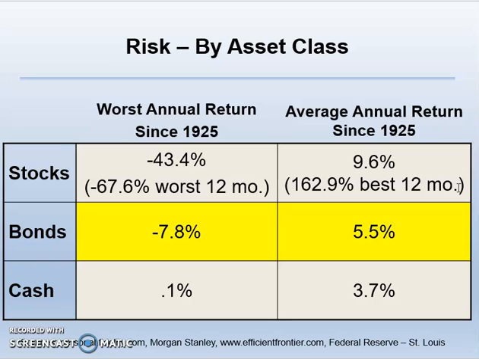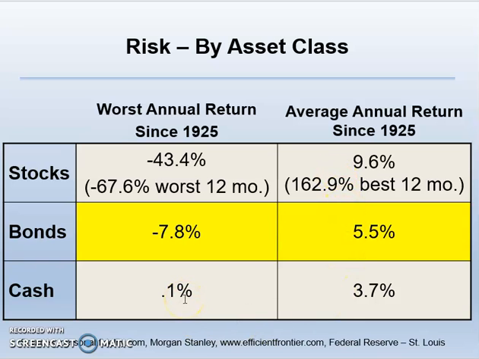An important lesson: don't try to time returns. You will miss. So bonds, their worst return since 25, negative 7.8, annually 5.5. So you notice it doesn't go down as much, if that's what you're worried about, but it doesn't go up as much either.